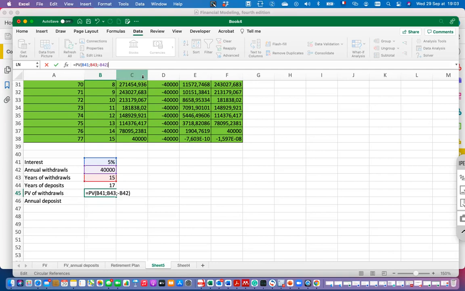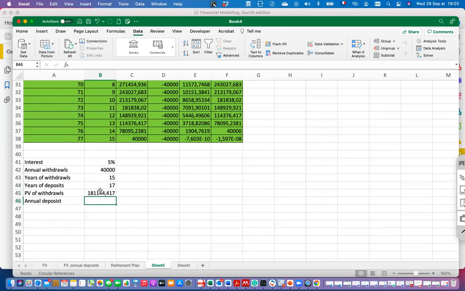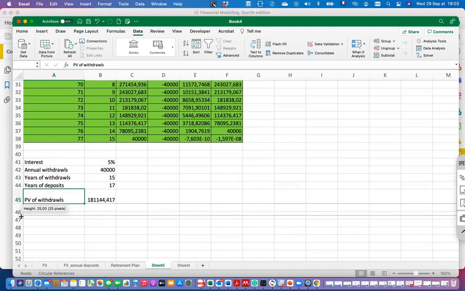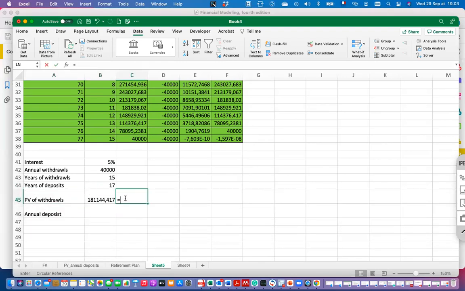The formula is divide by 1 plus the interest power the number of years of deposits, which is 17. So this is the formula text.